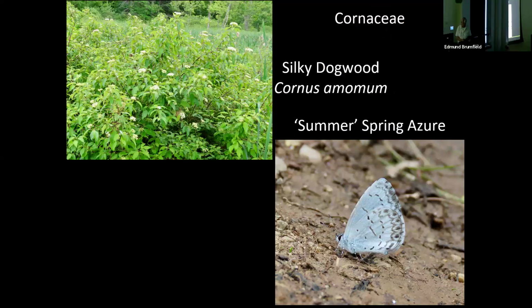That was very exciting. Dogwoods, of course, are common as well. You've all seen silky dogwood and gray dogwood and red osier dogwood. We're talking about the shrub dogwoods now, not the tree dogwood, Cornus florida. So summer azure, or whatever you want to call the azure that flies in summer here, is very frequently seen around the shrub dogwoods.